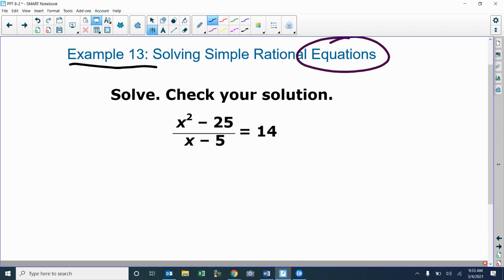All good, because it's very similar to what we did yesterday. We're going to factor. We're going to figure out what makes the denominator go to 0 and eliminate those from our solution set. So x cannot be, we're still going to do that. And then we're just going to solve and check our answer to make sure it does not make that denominator go to 0.